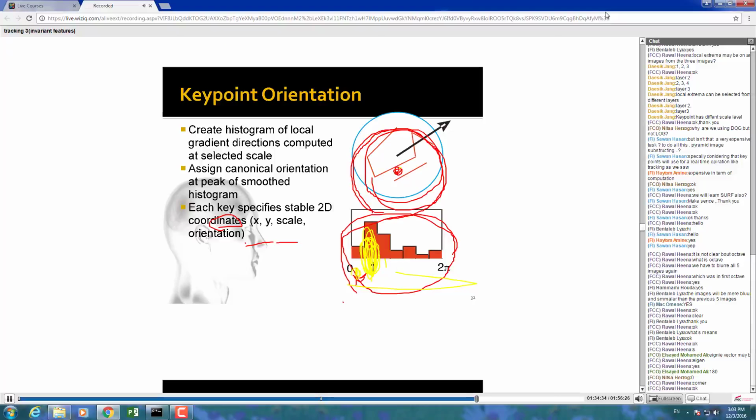That is the scale interval number, the layer number where this key point was extracted. This information has been calculated when we were detecting the key point. On top of that, we add orientation. So every key point is composed of these values: x, y, scale number. Actually, the scale means the number of the level.